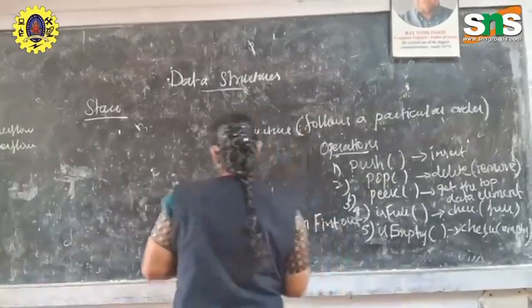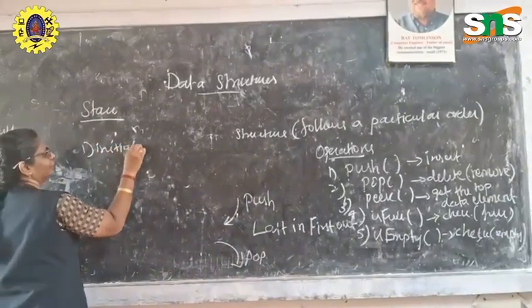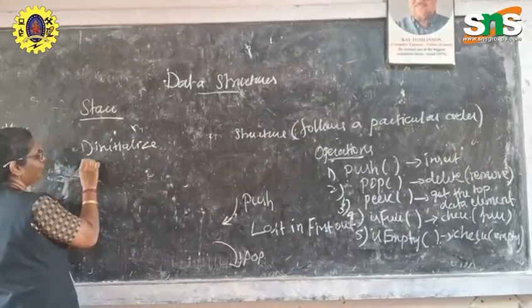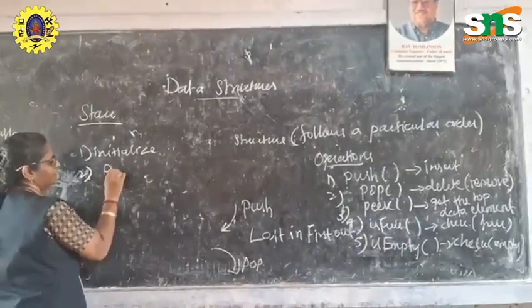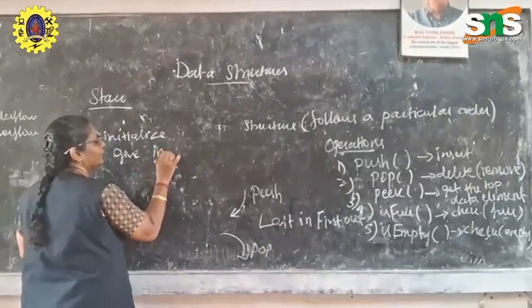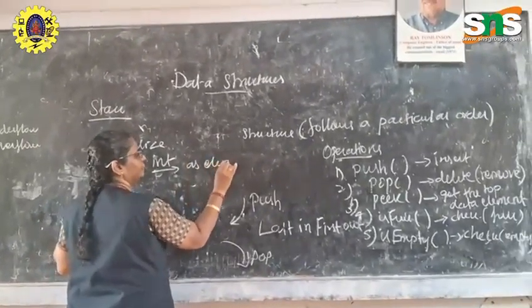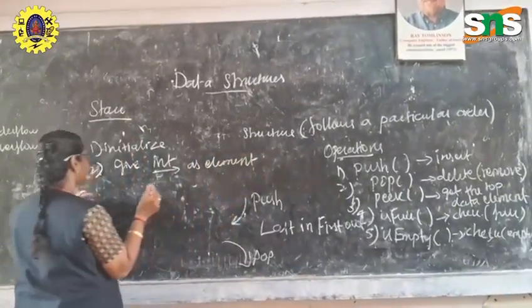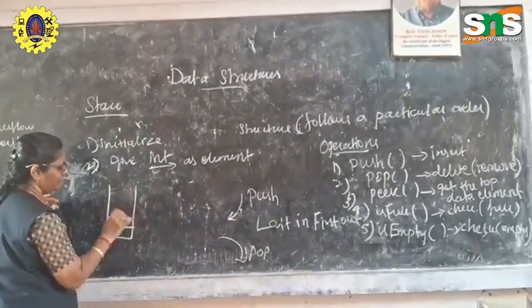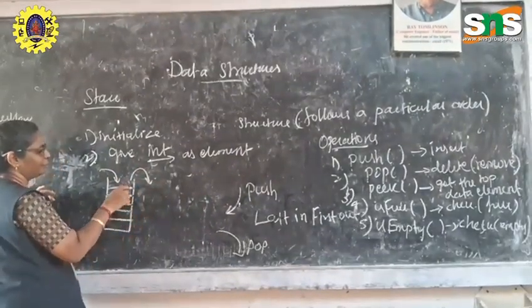In the algorithm, the first step is to initialize the array. After that we give the elements in any data type; if we are taking integers, we give integer elements. Then we can add the elements one by one and remove the element from the top.